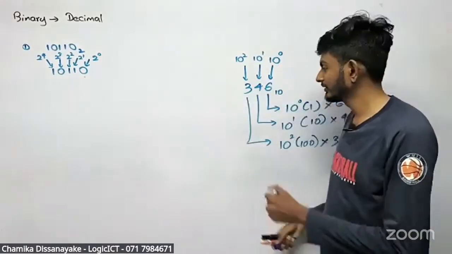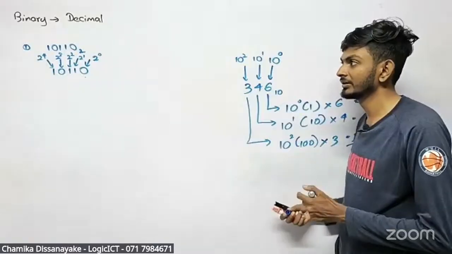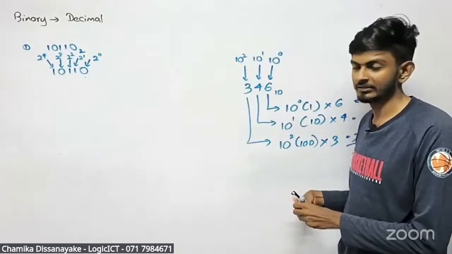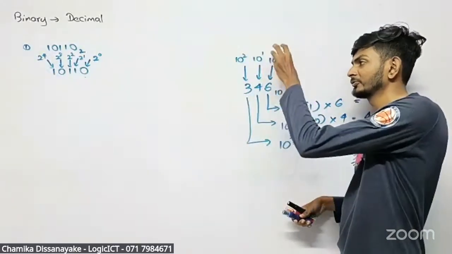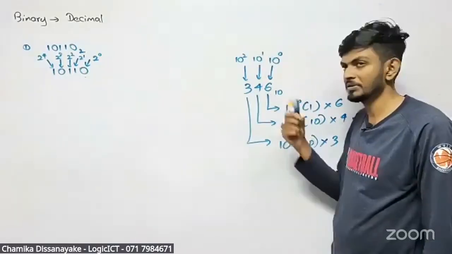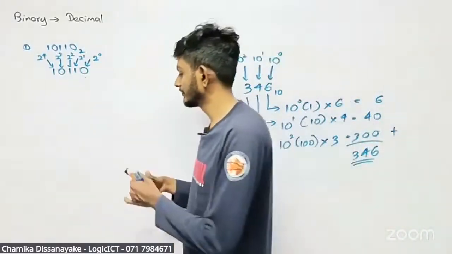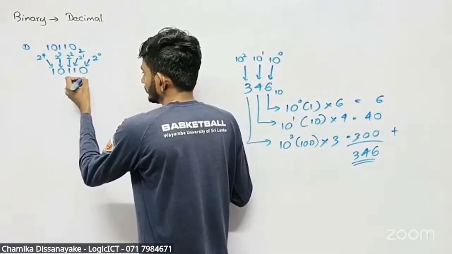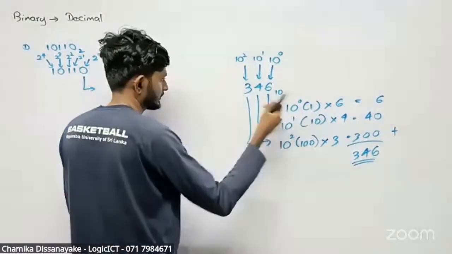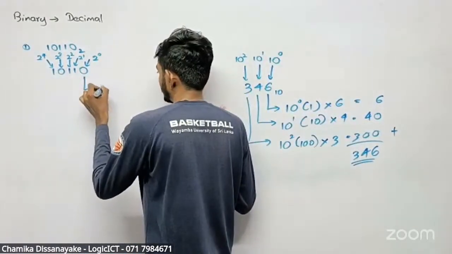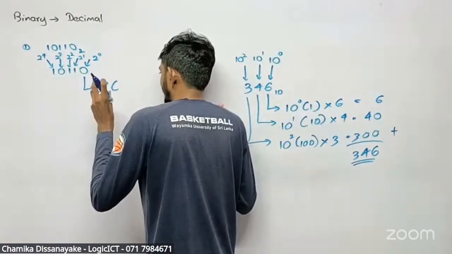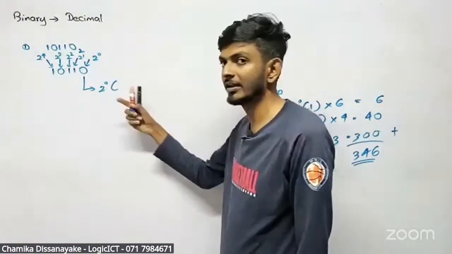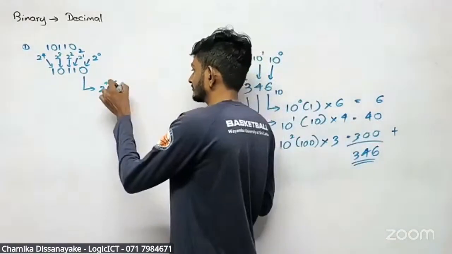Here, we had a decimal number, so that means base 10, and all the weighting factors came up with 10 to the power, the power of the base number. Here the base number is 2, so that means 2 to the power. When we do the calculations, the first one is 2 to the power 0. I told you any number to the power 0 will be 1.